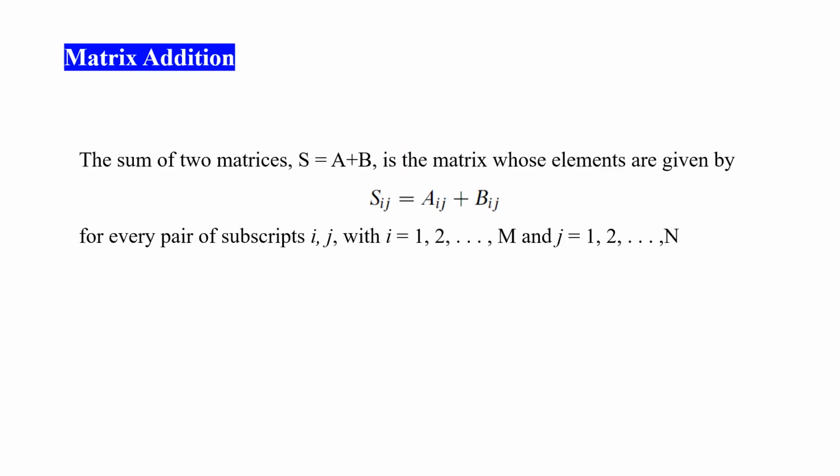Let's discuss your matrix addition. The sum of two matrices, which we can represent as S, equal to A plus B, is the matrix whose elements are given by Sij equal to Aij plus Bij, for every pair of subscripts i and j, with i equal to 1, 2 up to m, and j equal to 1, 2 up to n.